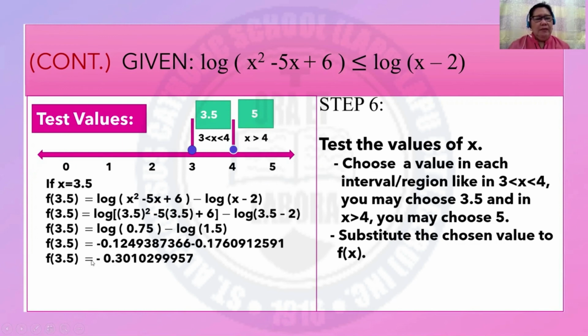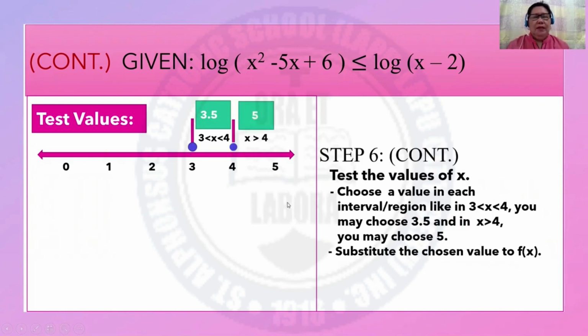And what we have is f of 3.5 is equal to negative 0.30102999957. And then you can round off to negative 0.30. Then, for x is equal to 5, what we have, f of 5, and this is the given.